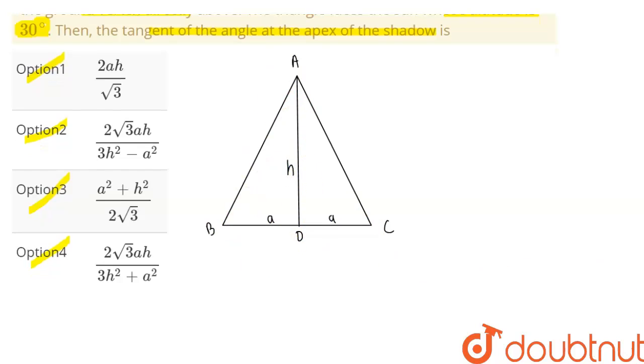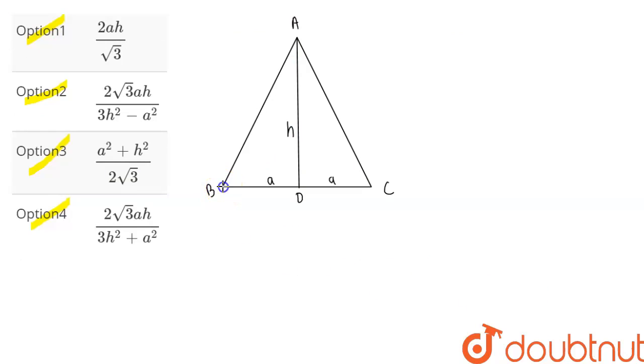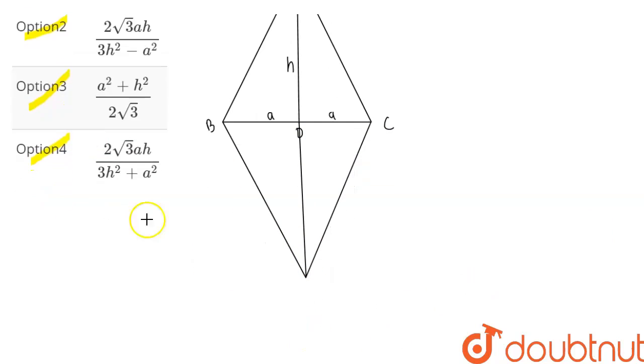Now due to sunlight, the shadow of this triangle appears on the ground. This is the shadow of this triangle. In the question we are also given that the point of apex is E. So let us join these 2 points and name the point E. Now let us assume that the total angle at the apex of the shadow, the angle at E, is twice of alpha.